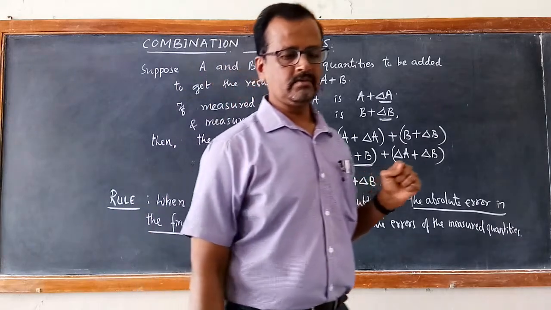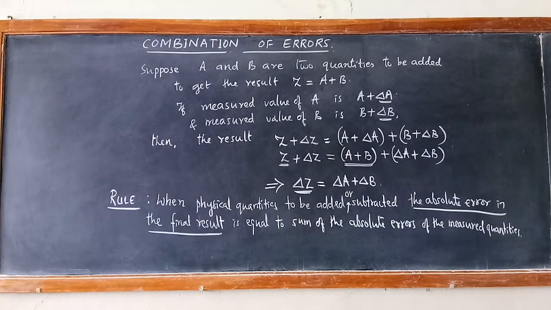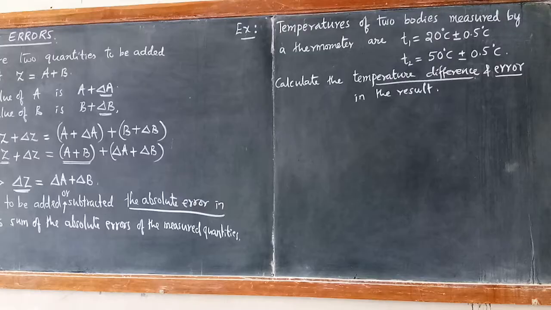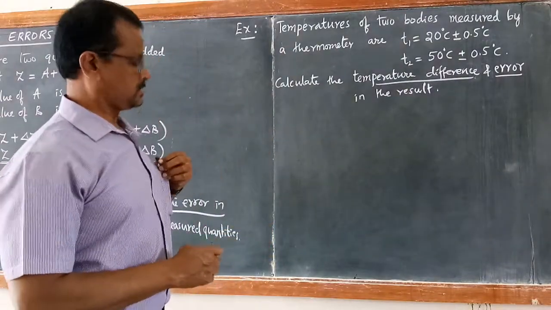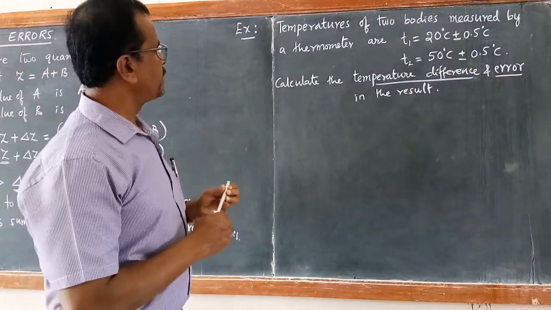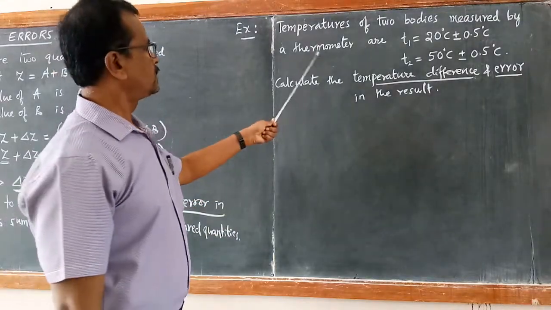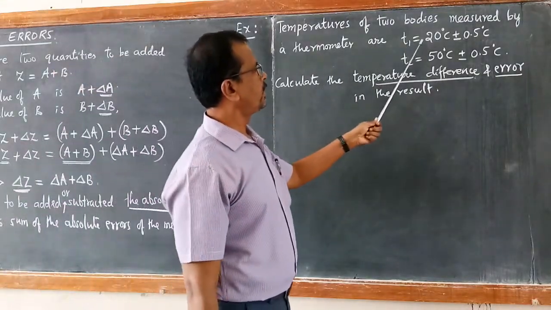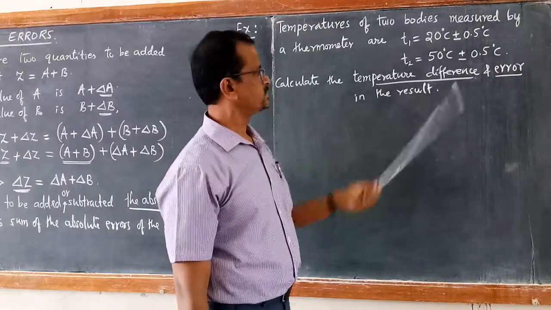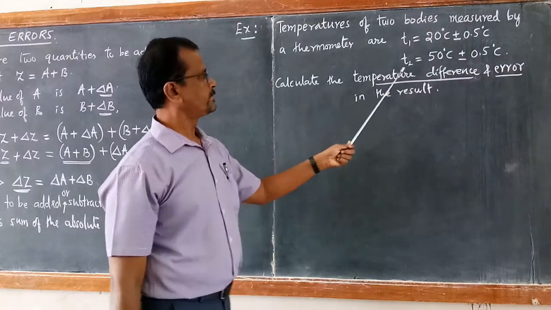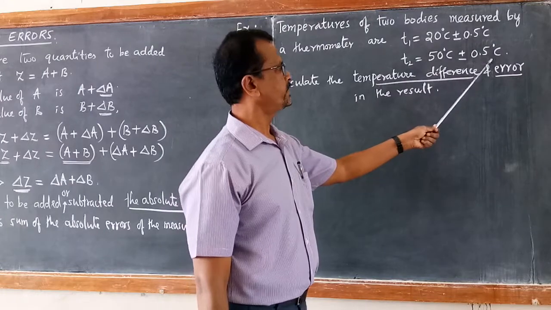Now let us see one example based on this. Now look into this problem. Temperatures of two bodies measured by a thermometer are T1 equal to 20 degrees Celsius plus or minus 0.5 degrees Celsius, and another body has temperature T2 equal to 50 degrees Celsius plus or minus 0.5 degrees Celsius.